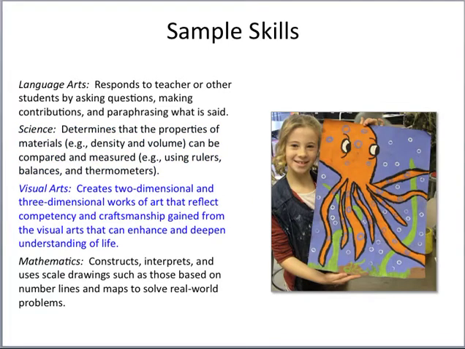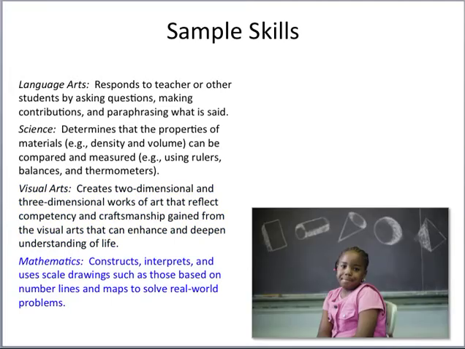Visual arts skills seem to be quite natural places where performance assessment could be done, and mathematics skills. You can see the verbs there in all of these cases are performance oriented, and that makes it possible for us to measure all kinds of what we seemingly would perceive as academic skills as performances.